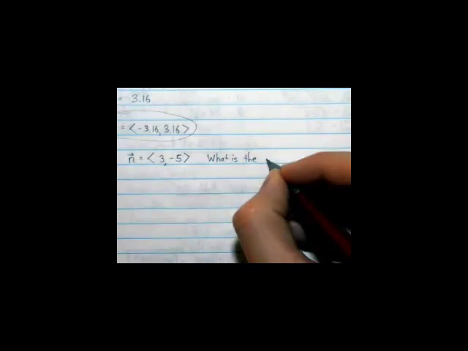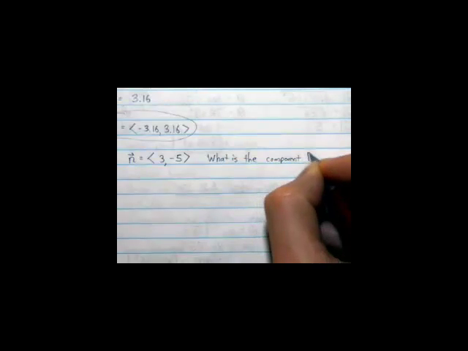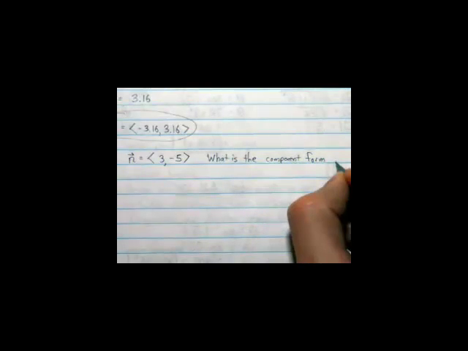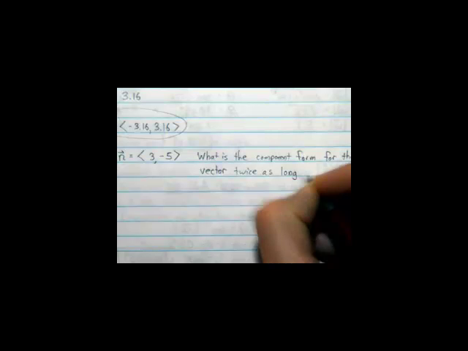So what is the component form for the vector twice as long as n, same direction?